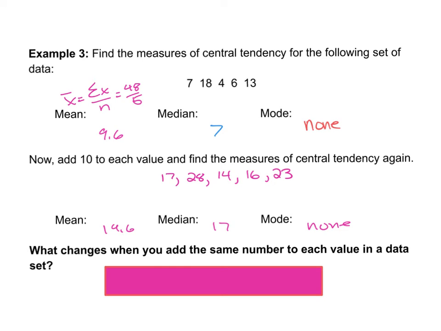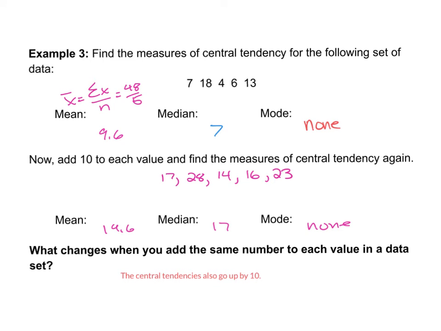So what changes happen when you add the same number to each value in your data set? Well, we were adding 10, so all of our central tendencies would also go up by 10. Not including the mode, just because the mode continues to not have one in this situation. In other situations it would. And again, this is the same if we would add or subtract from those values.